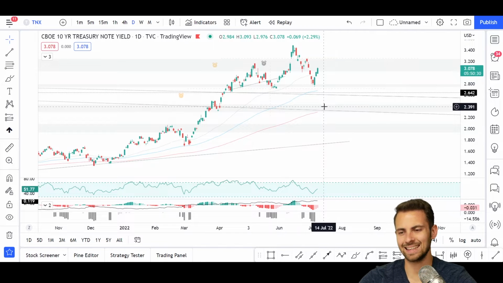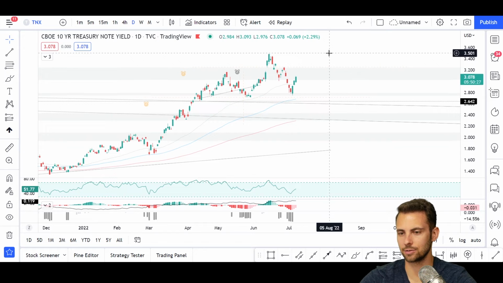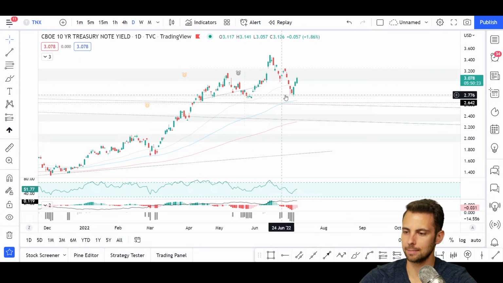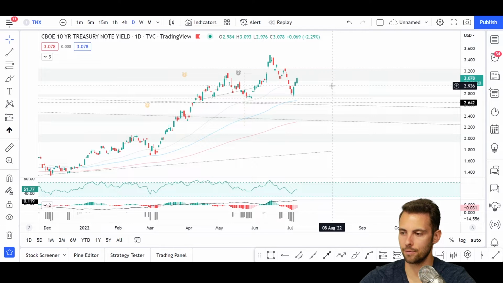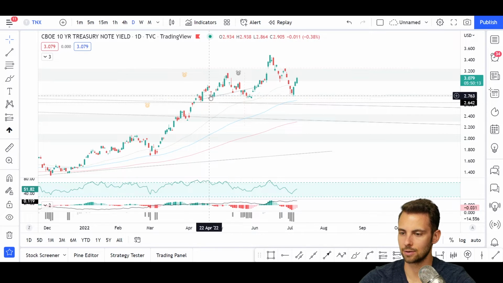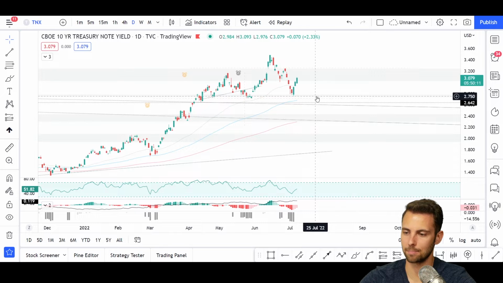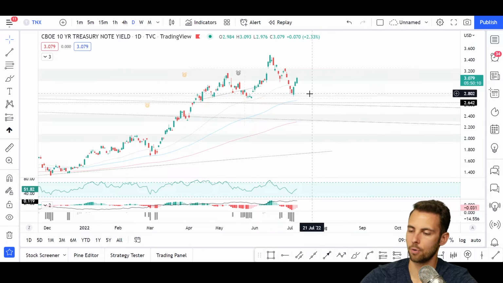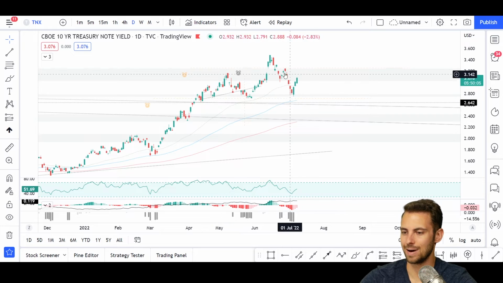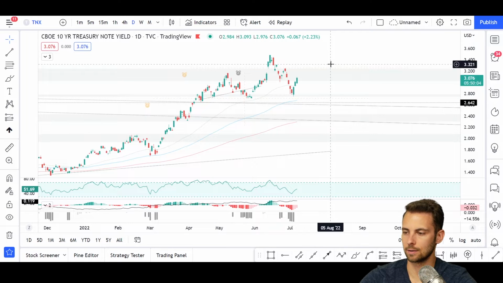In terms of TNX, that's the 10-year Treasury note yield, right now we are firmly standing above 3 points. We have rebounded from the 2.78 level that was recently marked as a support, and we are trying to get back to 3.30-ish levels.